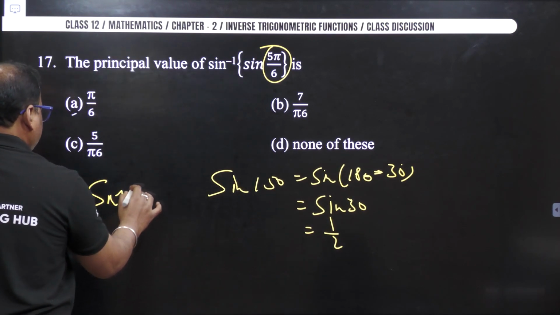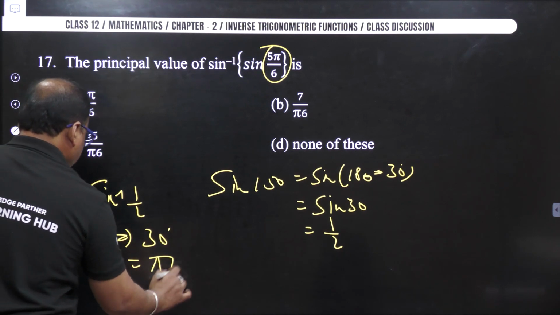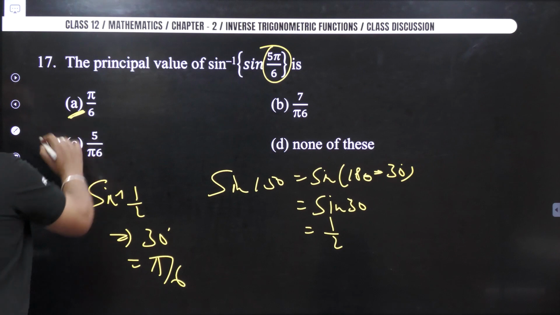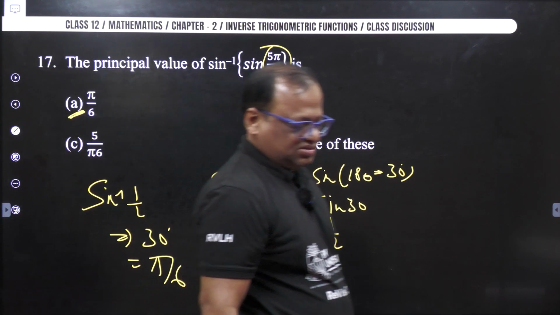Sine inverse of 1 by 2, 30 degree. 5 pi by 6 is the answer. Principal value is 5 pi by 6.